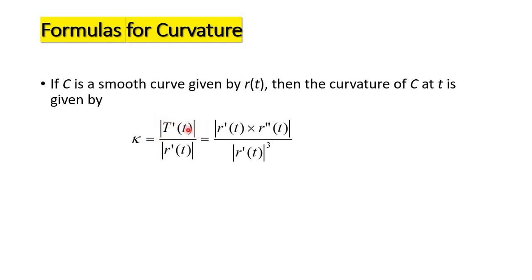Kappa will be the magnitude of T'(t) divided by the magnitude of r'(t). Or, more easily, we use the second version, which is the magnitude of r'(t) cross product r''(t), divided by the magnitude of r'(t) to the power 3.